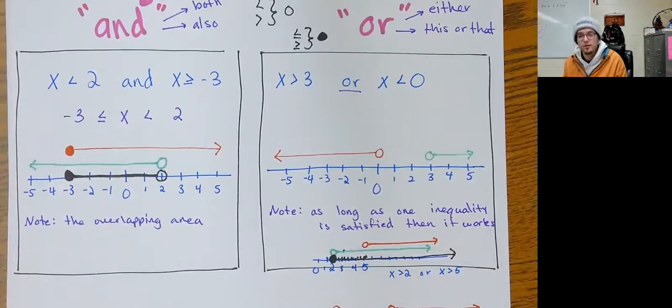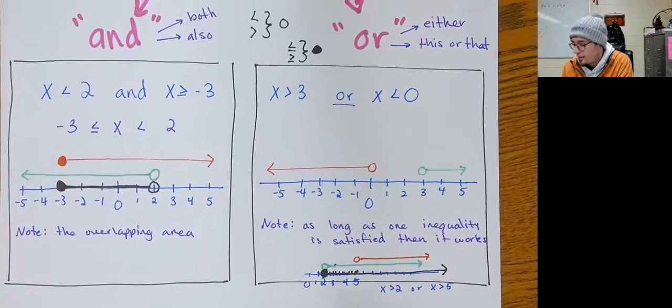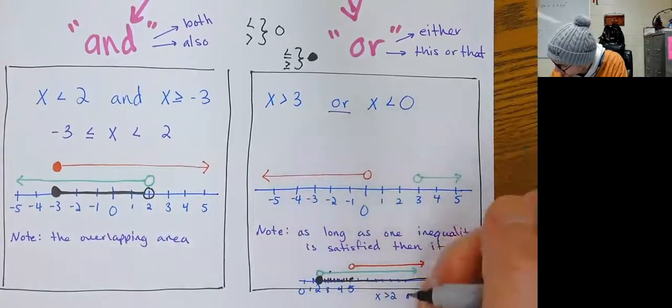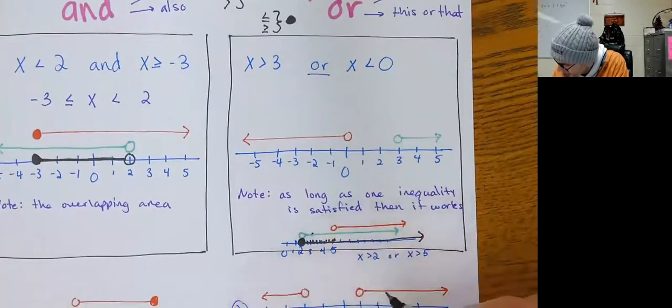One or both, a value can satisfy one or both. Let's write that down here. Running out of room in here.